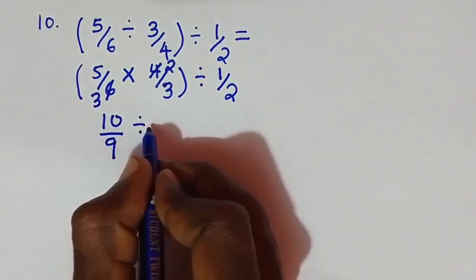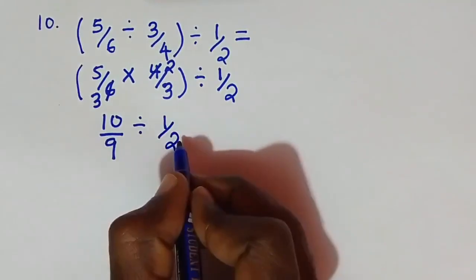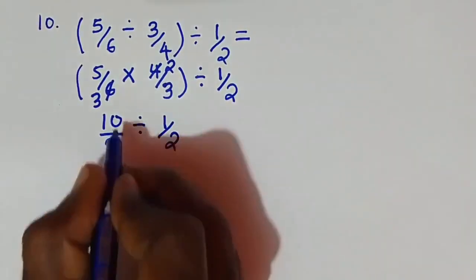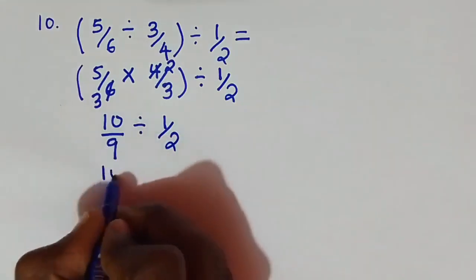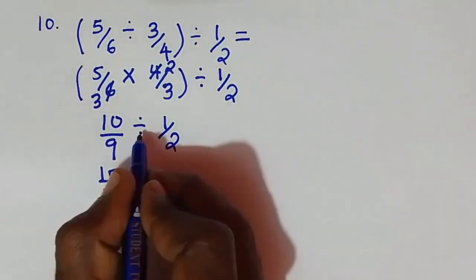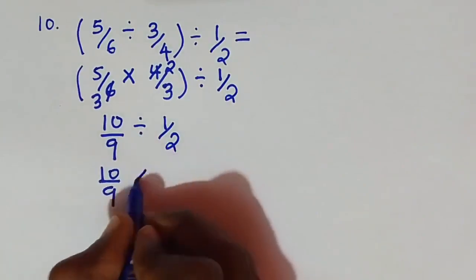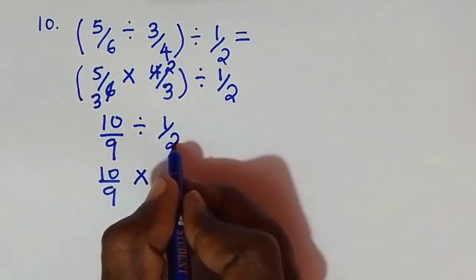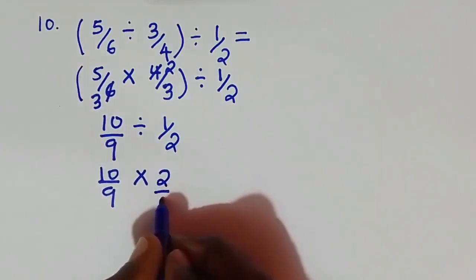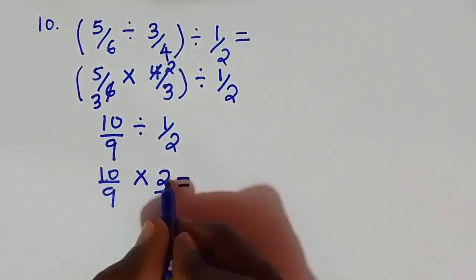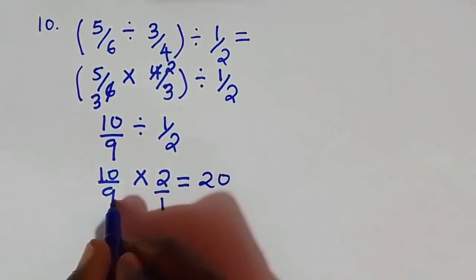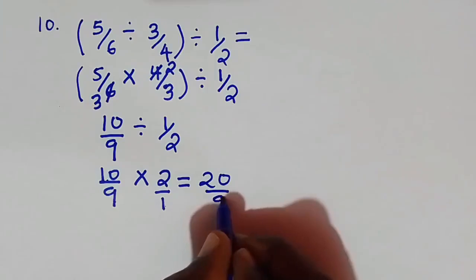We are going to divide this by a half. We are going to keep 10 over 9. We'll change division into multiplication, and then we are going to reciprocate a half. That is going to be 2 over 1. 10 multiplied by 2, we get 20. 9 multiplied by 1, we get 9.